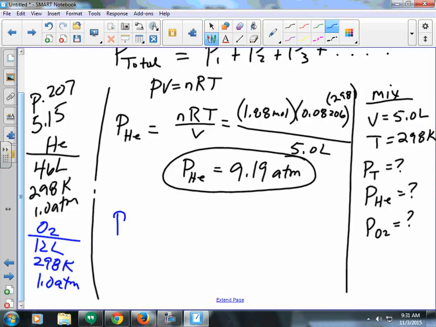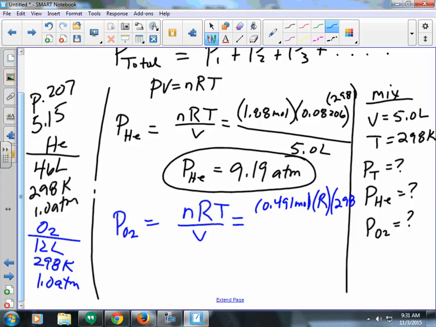Okay, so for partial pressure of oxygen, nRT over V, punch in, what was it, 0.491 moles. I'm just going to put R, that's 0.08206, right, I'm out of space. 298 Kelvin over the new volume, 5 liters.